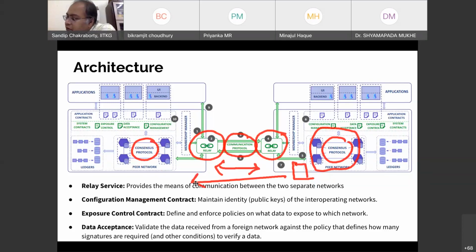Okay. Now, once you receive that information in the second network, the received information will again go to this consensus protocol, which will validate the signature.